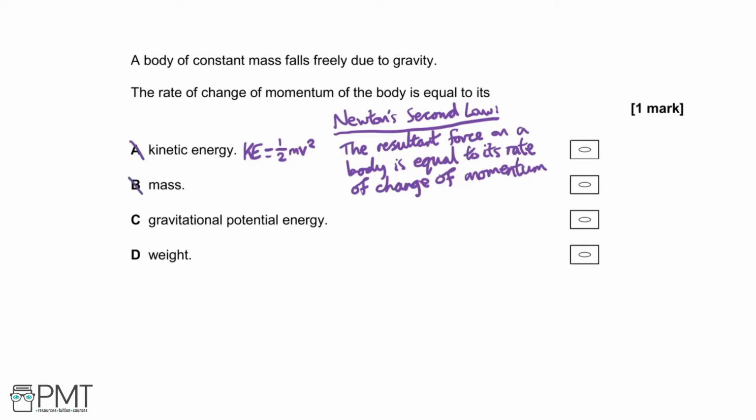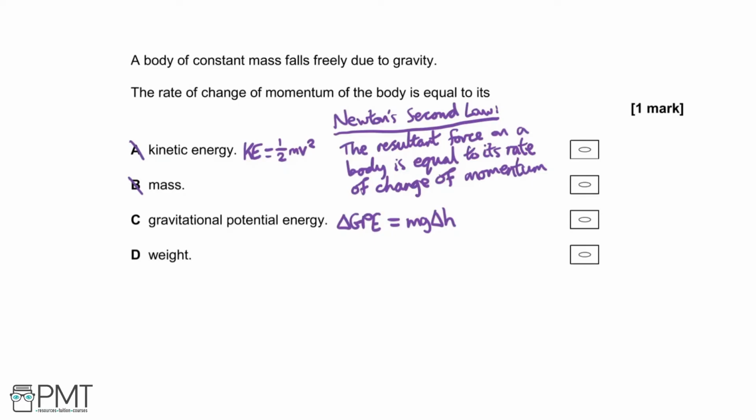Gravitational potential energy, well, let's write that equation down. Again, obviously we can say that gravitational potential energy is measured in joules, but there's no part here that makes it equal to a rate of change of momentum. If the body is falling freely, then it's changing momentum at a constant rate.